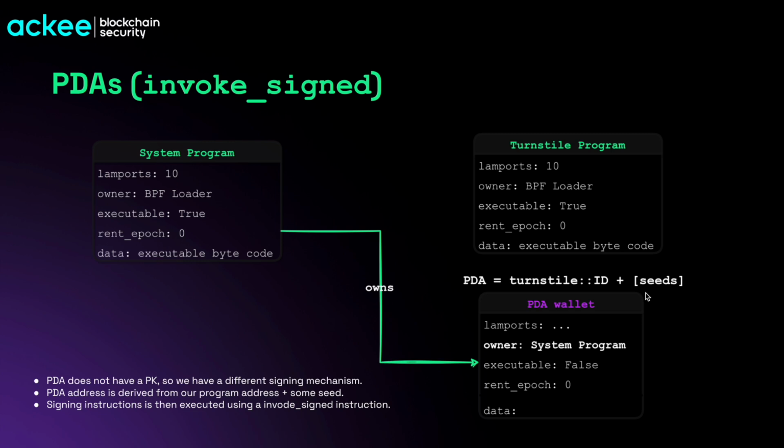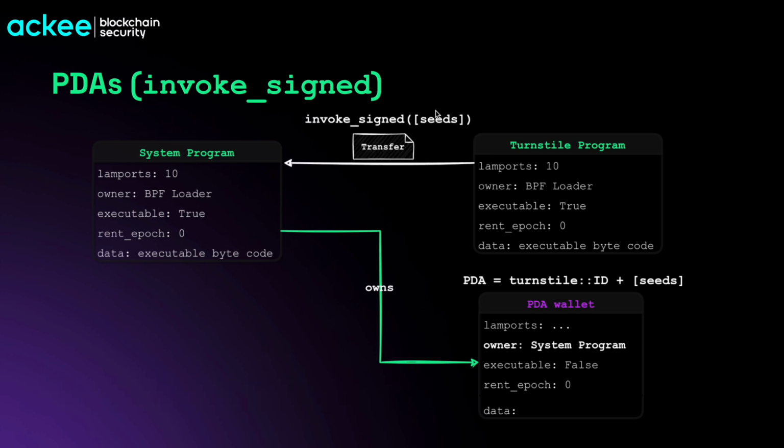So the address will be generated from our program ID and that additional seed that we are adding into the PDA generation. It can be essentially anything we can think of to generate some form of random seed. And the signing instruction is then executed by using an invoke sign function in our System Program.